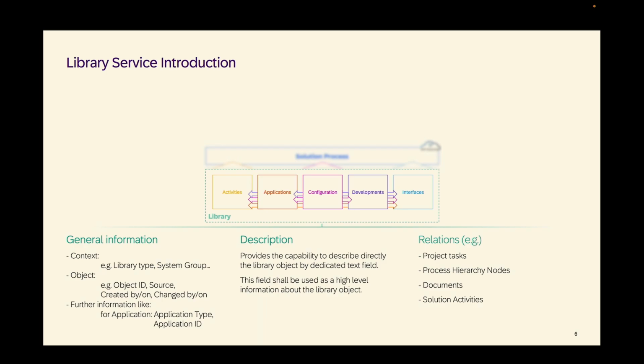You are able to describe on very high level what is this object about. For configuration, it makes sense because then you can describe, okay, that's for configuration of service order types or similar things. Not a document, but just a high-level description of what it is all about.